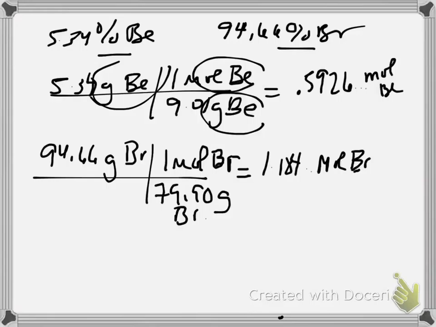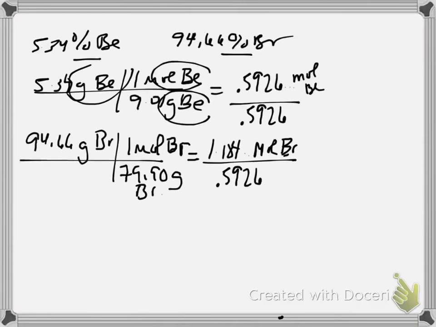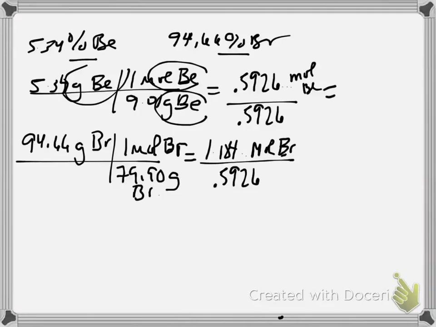Okay, so we're going to take the smaller of those two numbers, divide each of them by it, and that would be our moles of beryllium. Obviously, let me shrink this. We get a 1 there, we get a 2 here.